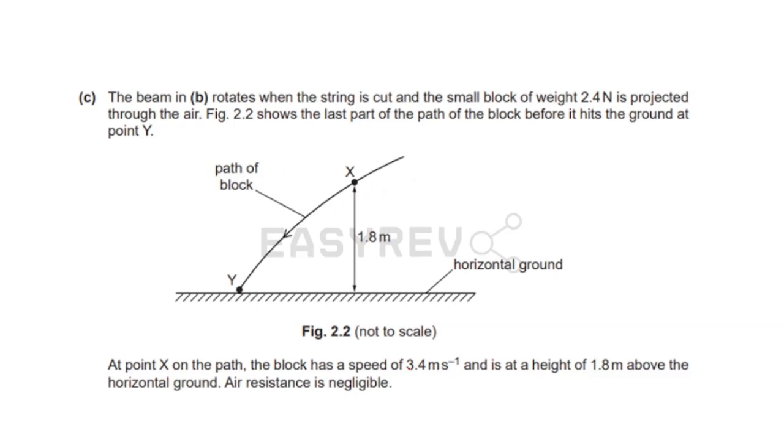And so when we are told that there's a speed of 3.4 meters per second, it's not going to be horizontal or vertical, but rather it's going to be tangential to the curved path itself. So that's your speed of 3.4 meters per second. And it's at a height of 1.8 meters above the horizontal ground. Air resistance is negligible. So we can immediately recognize some typical concepts that we know of parabolic motion.